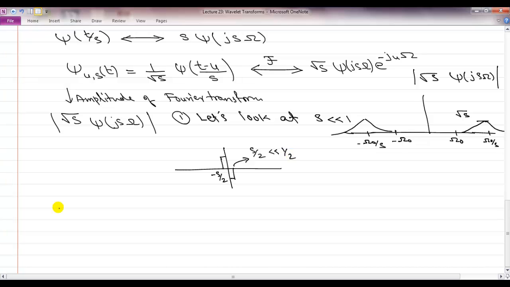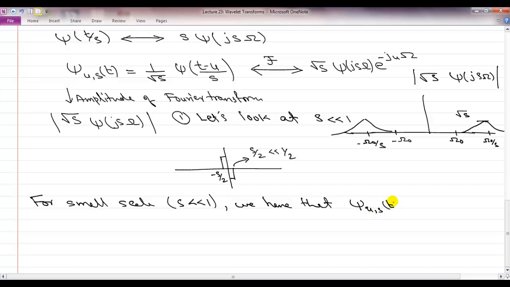So for small scale, s much smaller than 1, we have that psi_{u,s} is highly localized in time, and the more you are localized, the higher is your resolution.